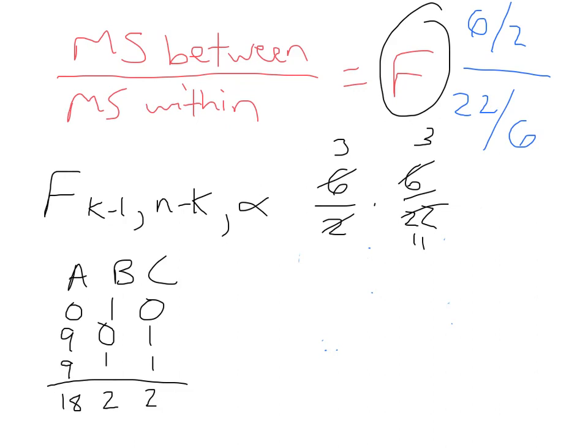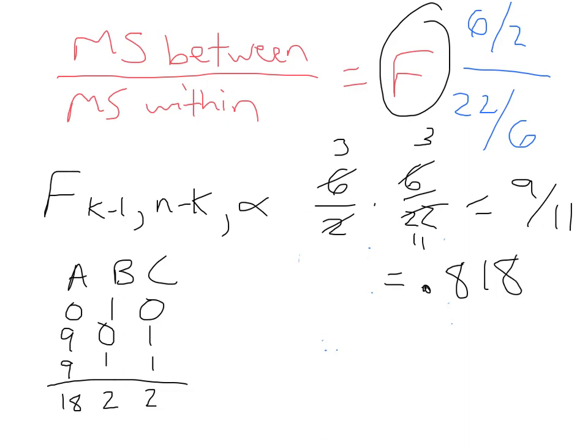So you get like a 9 over 11 as a value for your F statistic. And if you plug that into a calculator and simplify it, you get 0.818. So I have an F value of 0.818. Okay, 0.818.